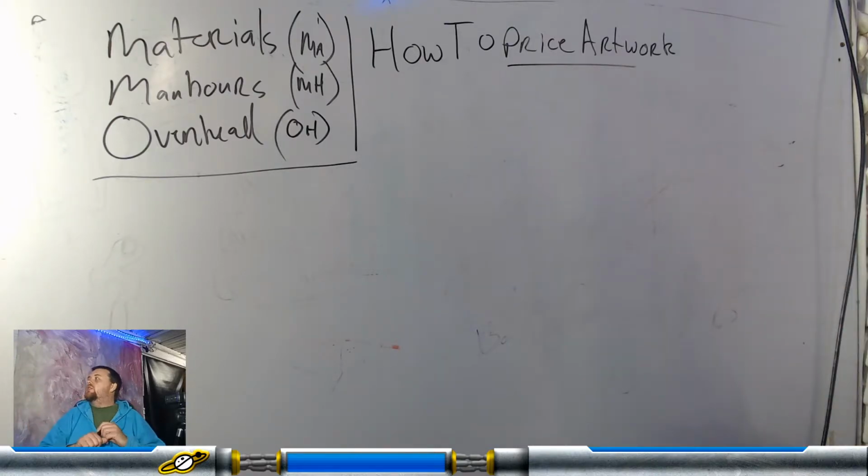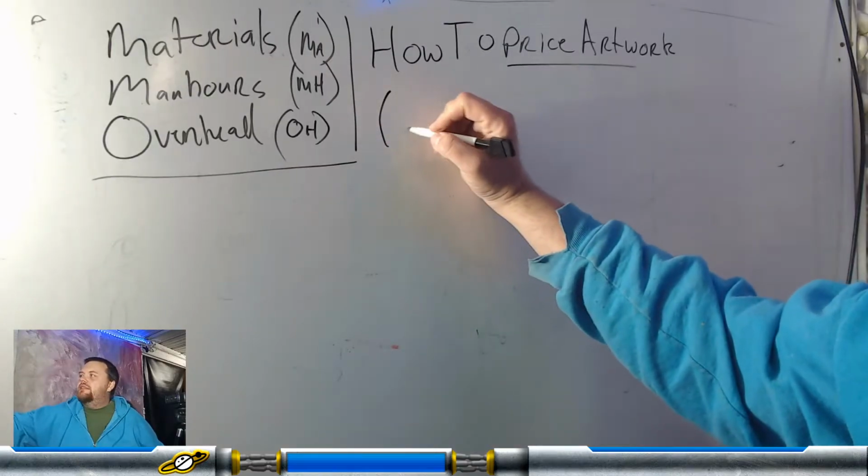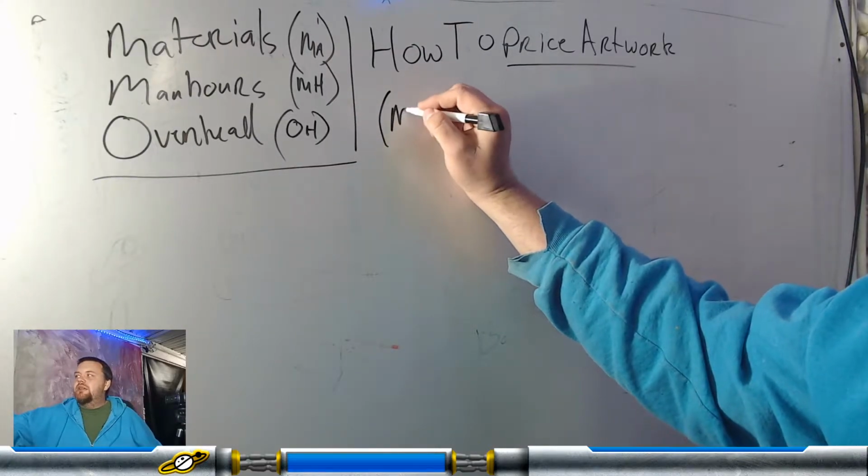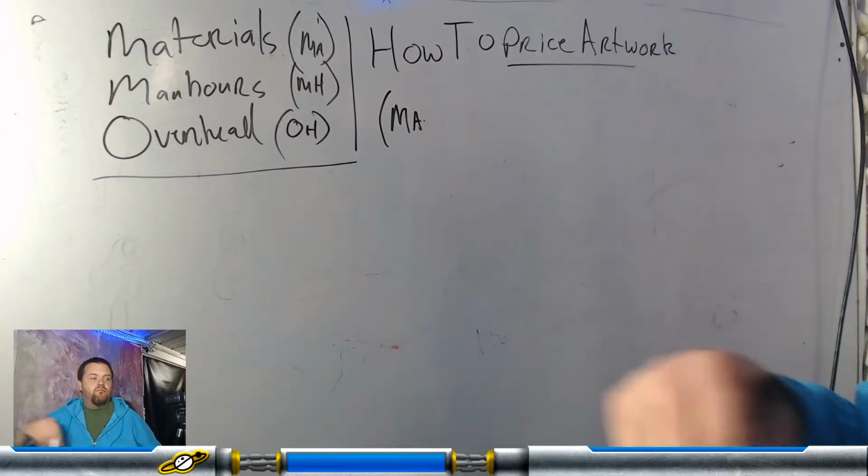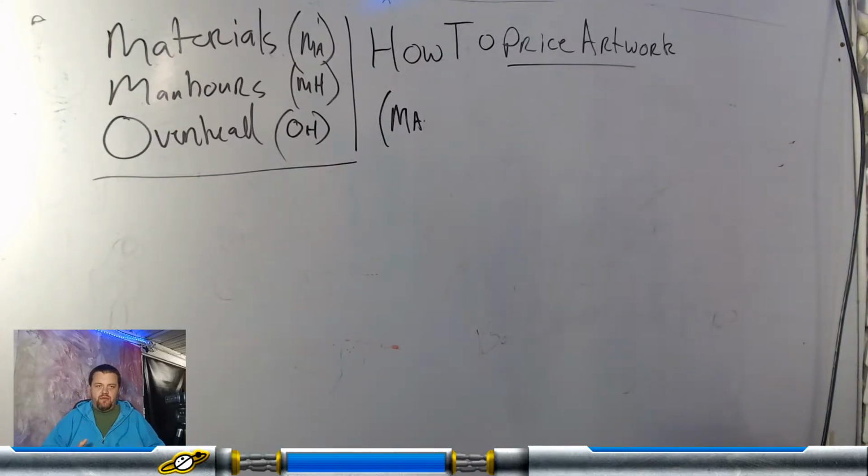All right, so with that being said, let's get into the formula. It's a very simple formula. All it basically is that you got your materials and you want to apply margins to certain things.